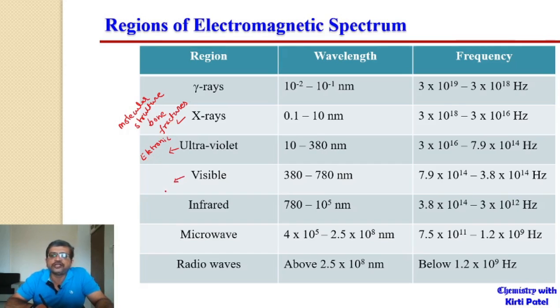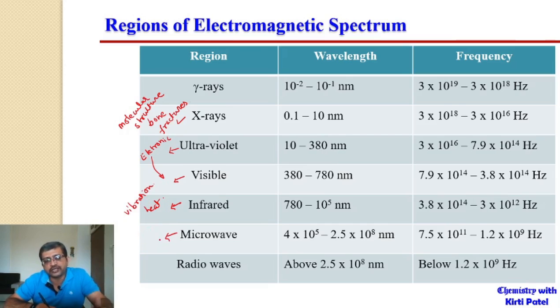The visible region is used for visualization as well as for the electronic transitions. Infrared region is used for heating purposes. It heats the earth. Also, it maintains the atmosphere temperature of the earth, and can be used for bringing out vibrations in the molecules.